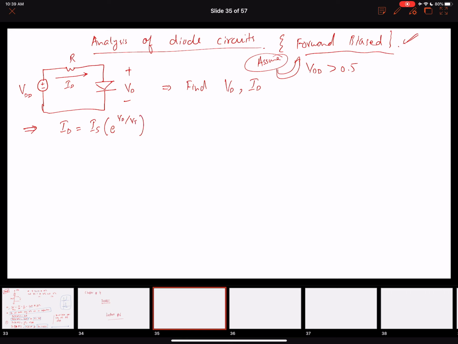So this is the exponential equation that we saw in one of the earlier lectures, the diode equation, and you can see this exponential relationship here. Another equation that we can write by looking at the circuit is simply ID = (VDD − VD)/R. Now this is coming from simple Kirchhoff's law.